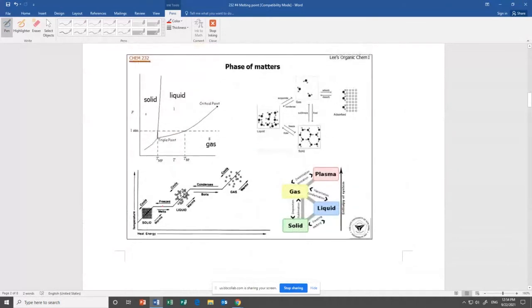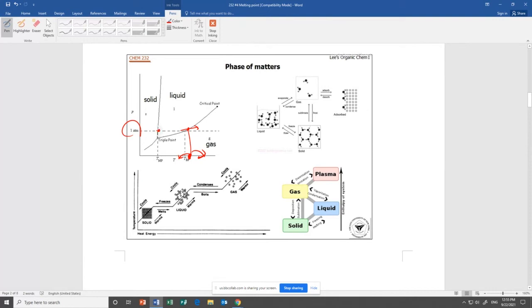And one of the definitions given out by the MIT person: the melting point is the temperature when you convert solid to the liquid. Last time we did the boiling point, liquid to the gas, at a certain point, right? That temperature. But we said the boiling point can change depending on the pressure.